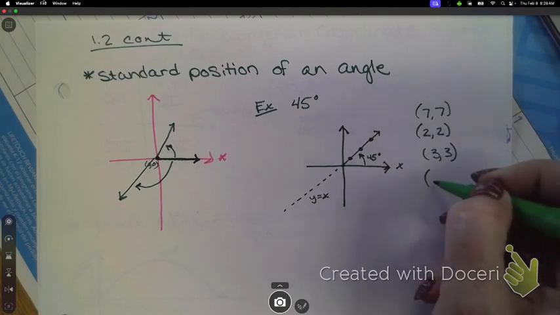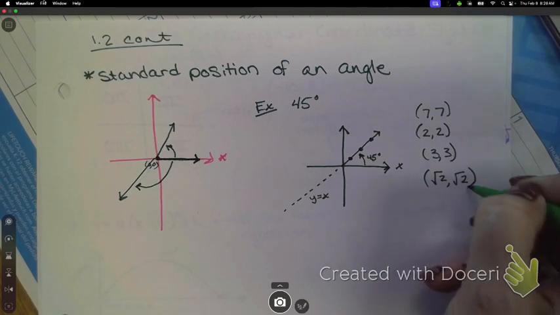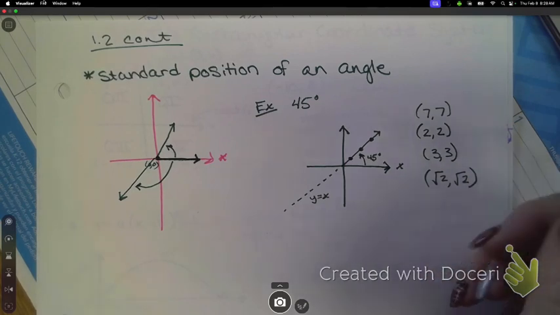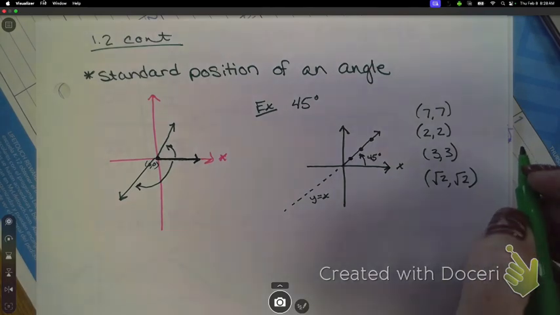Could I have square root of 2, square root of 2? Where does square root of 2, square root of 2 come from? 45, 45, 90, because two have to be the same.